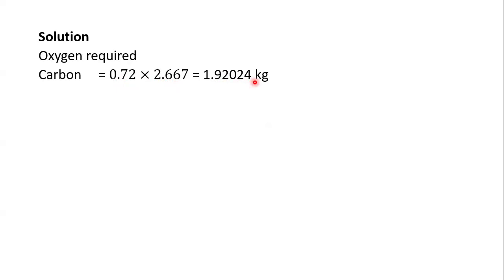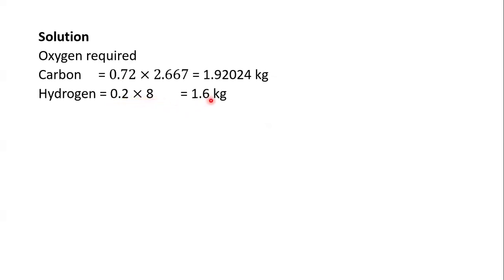Which other element do we have? When I look again in here, I have hydrogen. Hydrogen, we had 1 kg of hydrogen requiring 8 kg of air for complete combustion. So then, in this fuel, we have 0.2 kg of this hydrogen. So all we do is multiply 0.2 by 8.